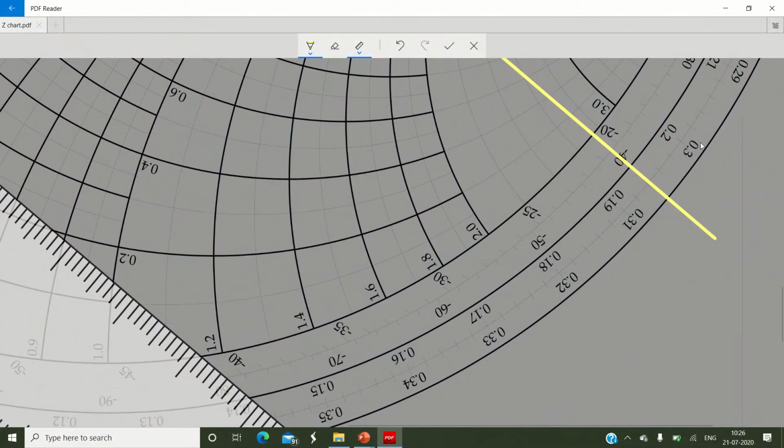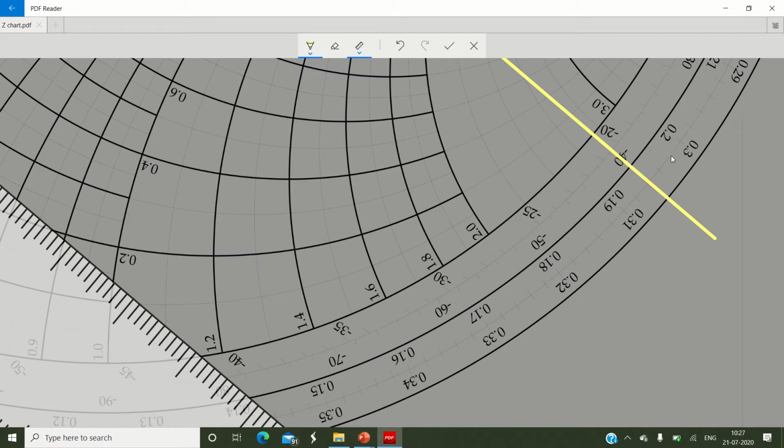Here you observe that the outermost scale of the Smith chart is representing the wavelength towards generator value. We need to read the value where this yellow straight line is going to intersect. It is clearly visible that the wavelength towards generator value is in between 0.3 lambda to 0.31 lambda. Each division corresponds to 0.002.